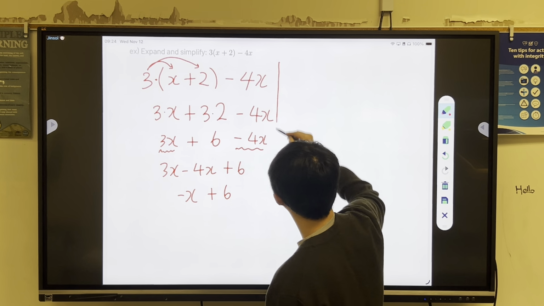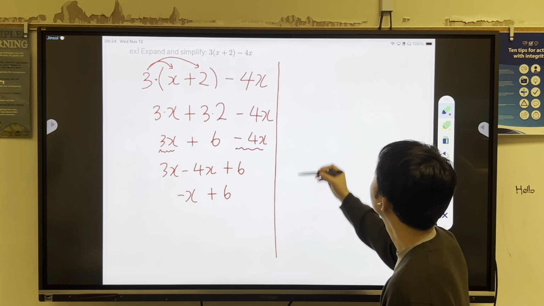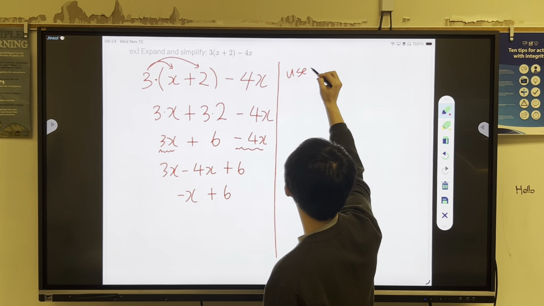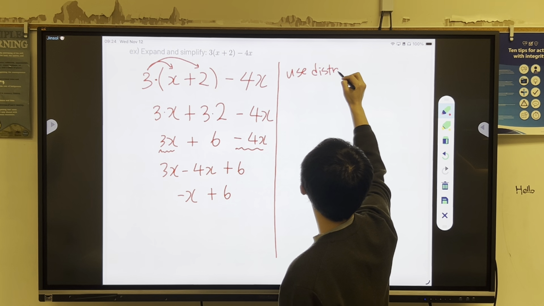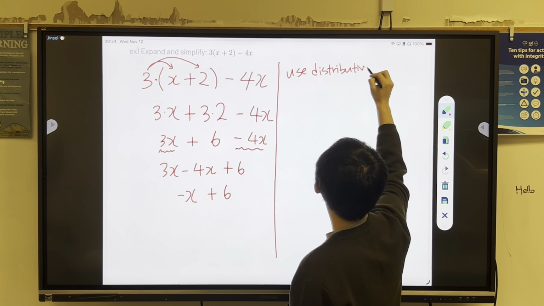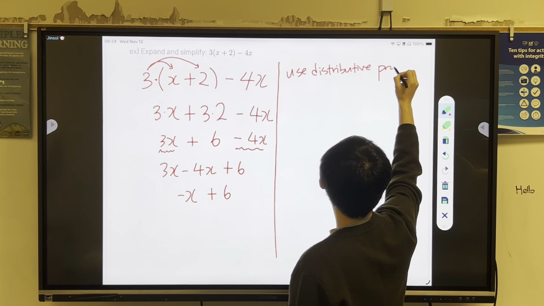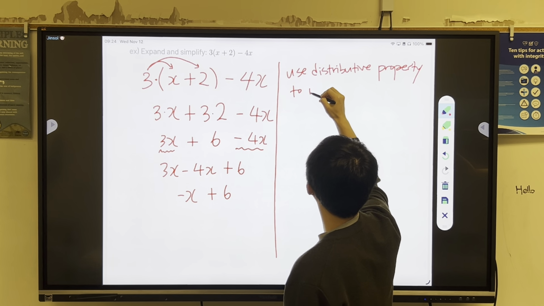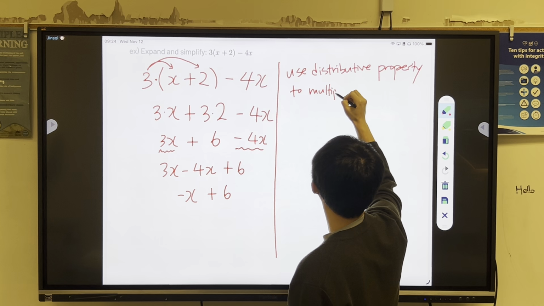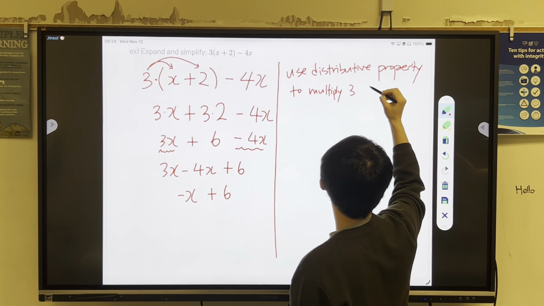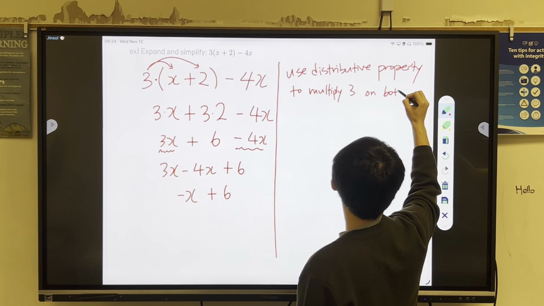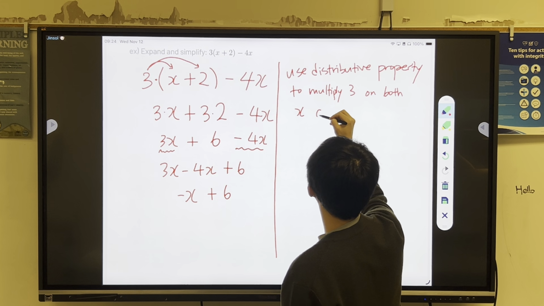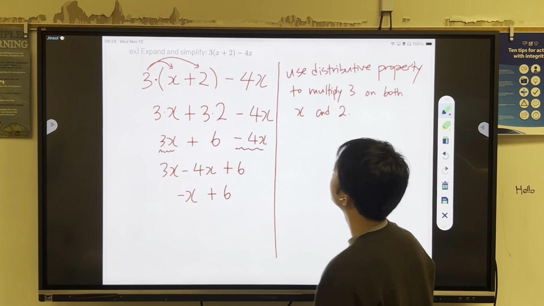Let's annotate our work. Use distributive property to multiply 3 on both x and 2.